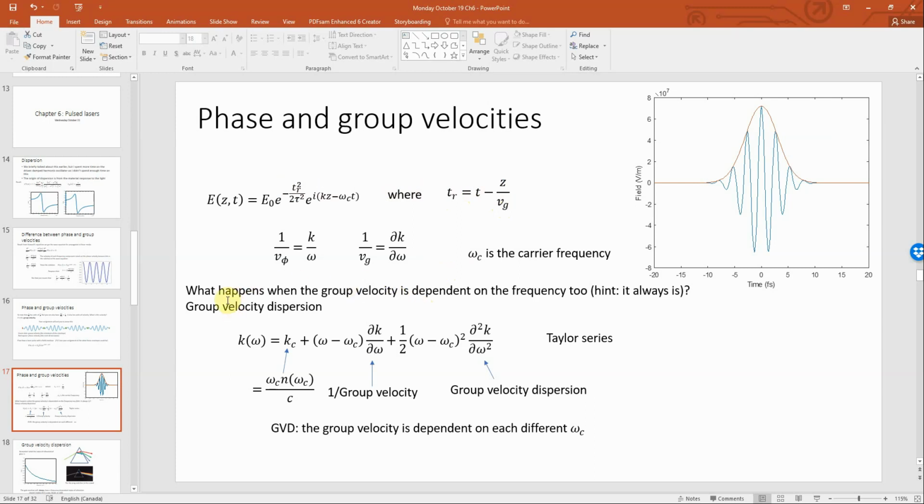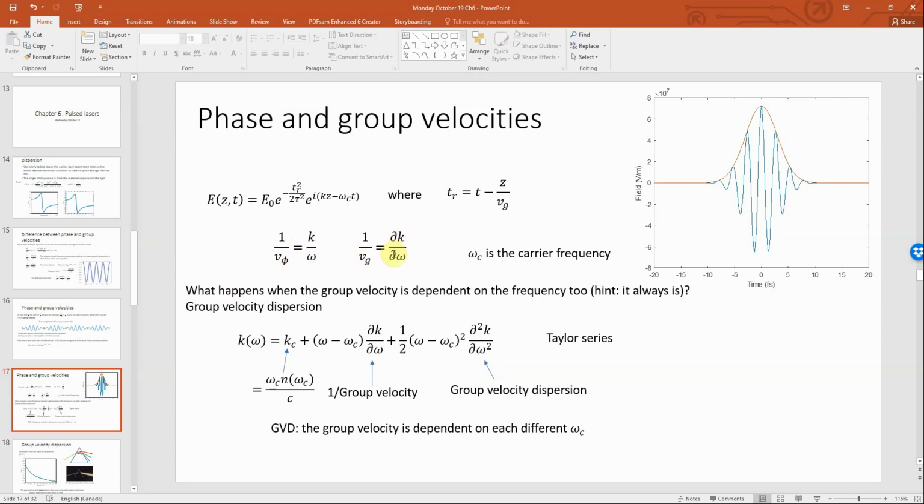Okay, so the group velocity will also be dependent on frequency, right? The phase velocity is obviously dependent on frequency because 1 over the phase velocity is k over omega. So obviously this is going to be dependent on frequency when you have some material with an index of refraction, because that index of refraction will always be frequency dependent.